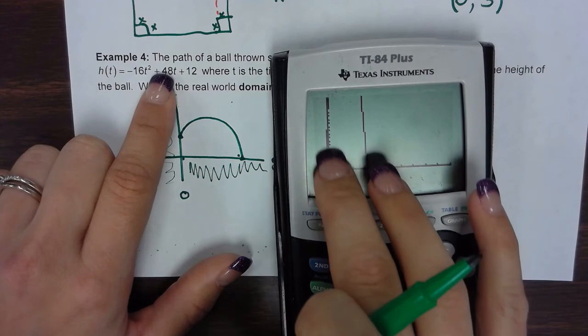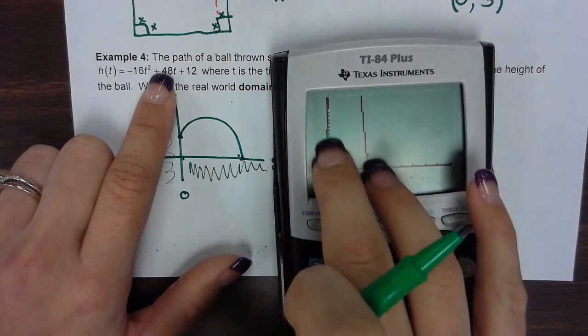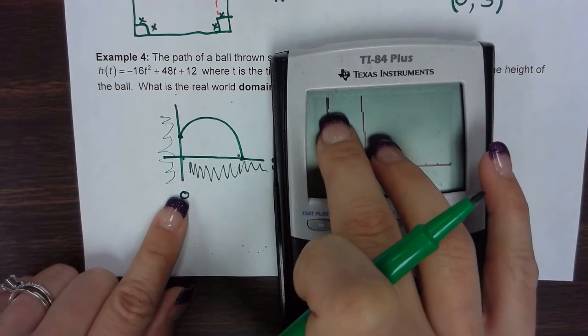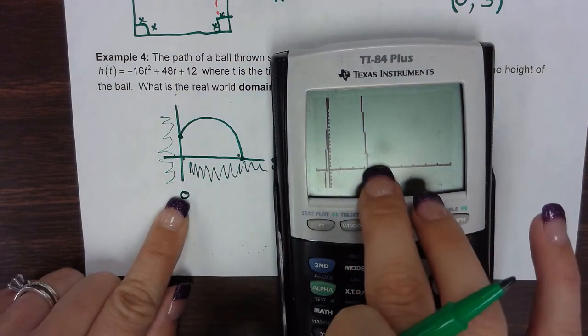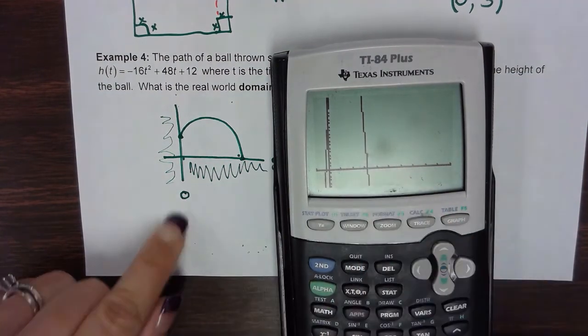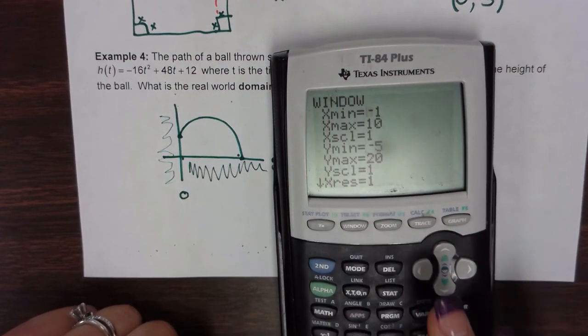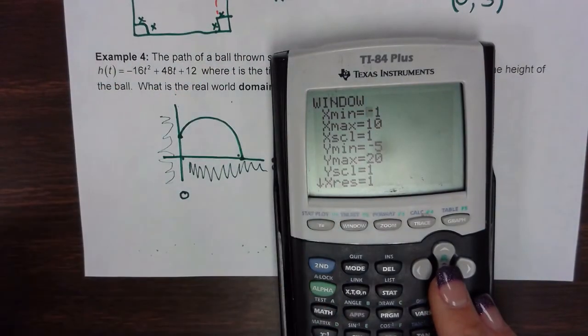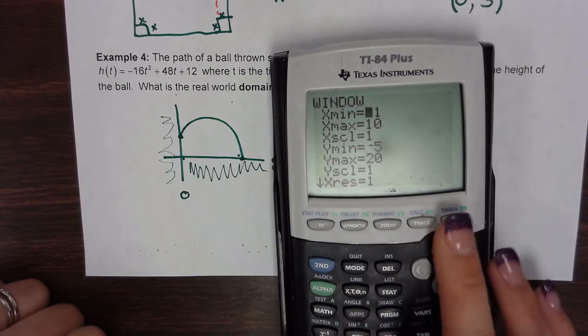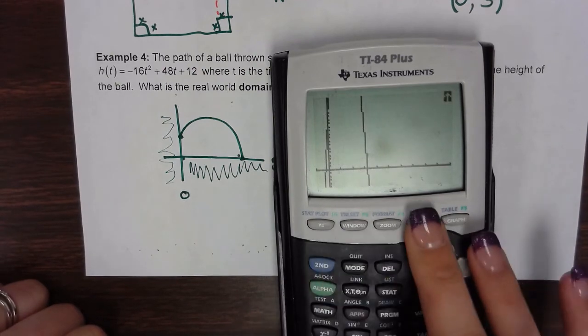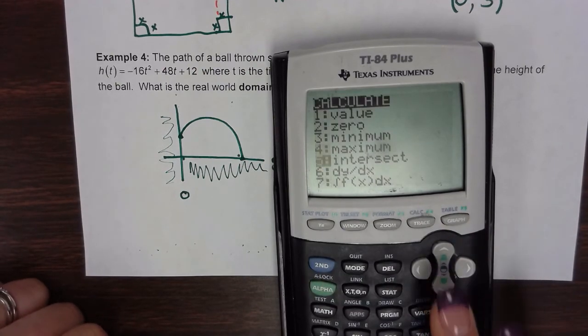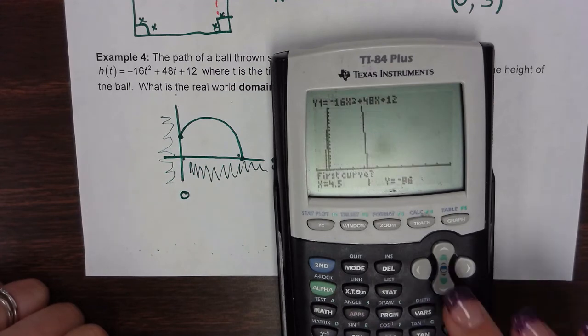Look, you have the first intersection at 0, which is fine because we already know time can start at 0. We need to find this one right here. Okay, so again, that window goes out to 10. If you want, you can make it go out to 5, and that should be okay. So second trace, I'm going to do intersection since I did y2.